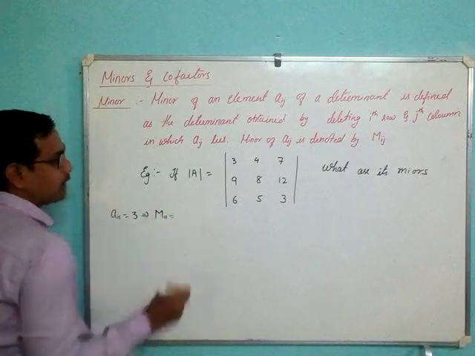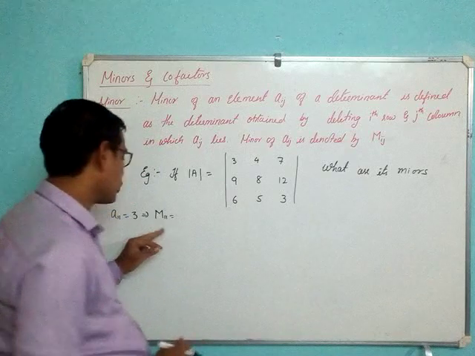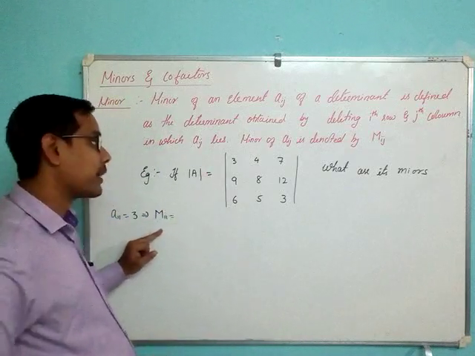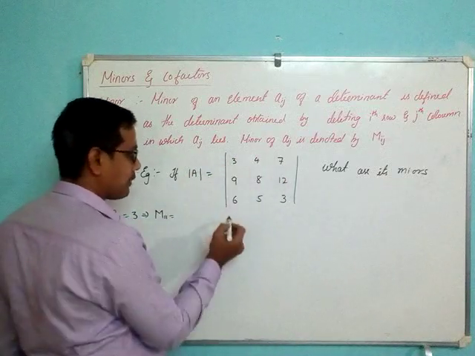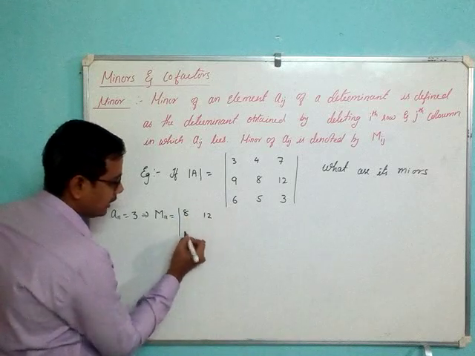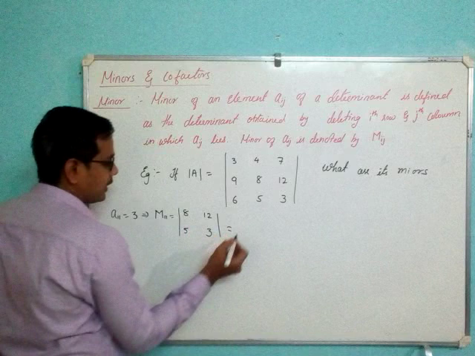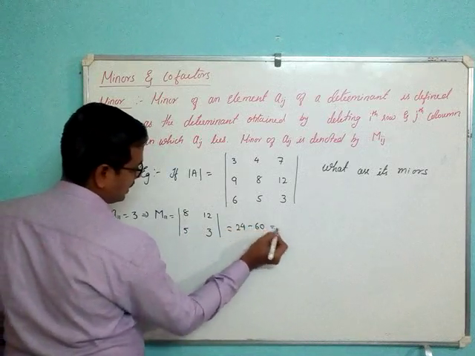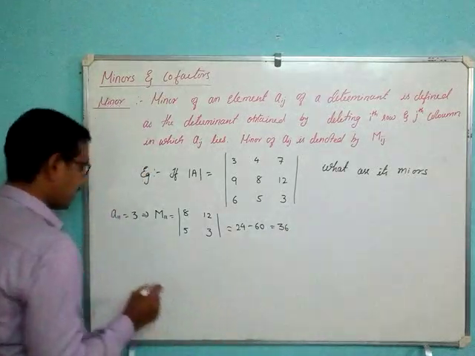M11 will be, see, neglecting the first row and first column. So the minor of A11 is denoted by M11, which is obtained by neglecting the first row and first column. If I neglect the first row and first column, what will be left? 8, 12, 5, 3. So the value here is 24 minus 60, that is nothing but equal to how much? 36, right?